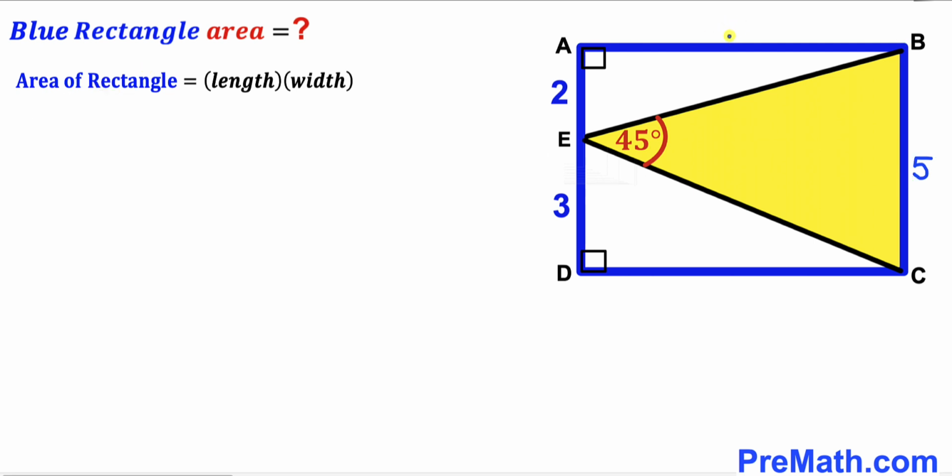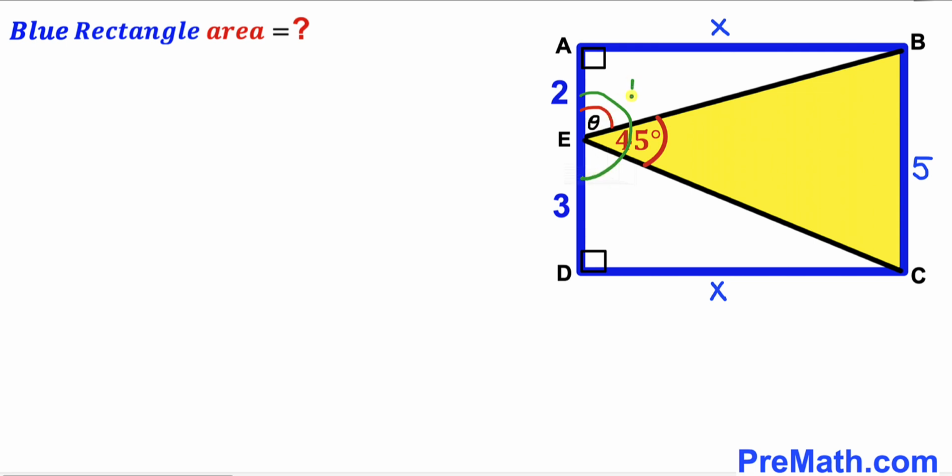Let's assume that side length AB of this blue rectangle is x, then side length CD is x units as well. Our task is to find the value of x. Let's assume that angle AEB is theta. Now let's recall the straight angle property: this whole angle is 180 degrees.